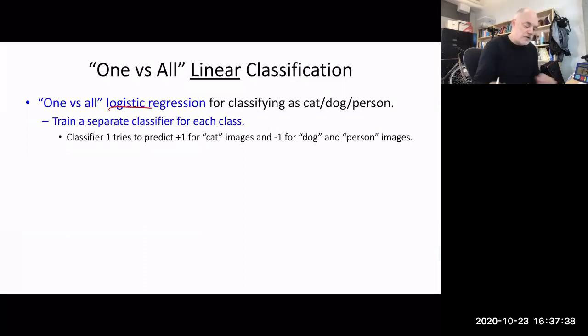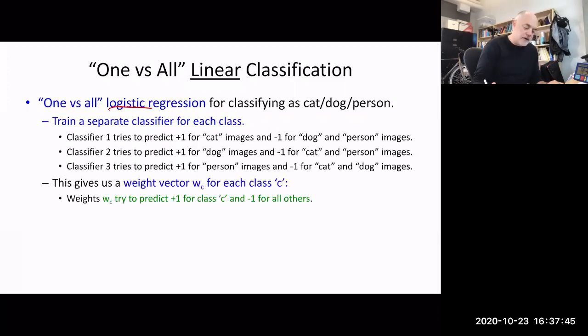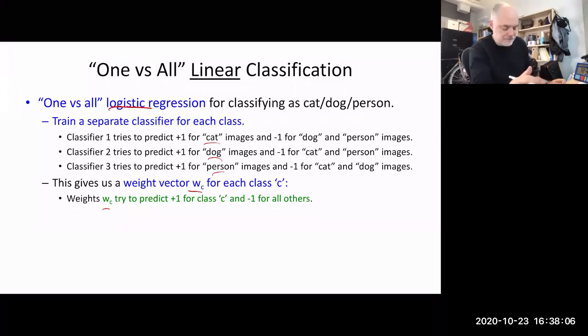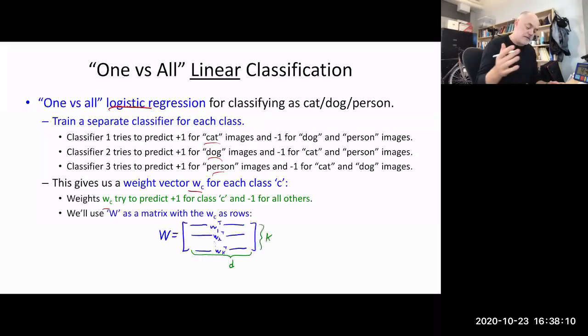So if we want to do one versus all logistic regression for classifying between a bunch of different classes, for instance, we train a separate classifier for each class. Every classifier tries to predict the correct class as we just described. What we have is a weight vector for every single class. Using that weight vector, when dotted with the feature vector for a particular instance, it tries to predict +1 for class C and -1 for all others.